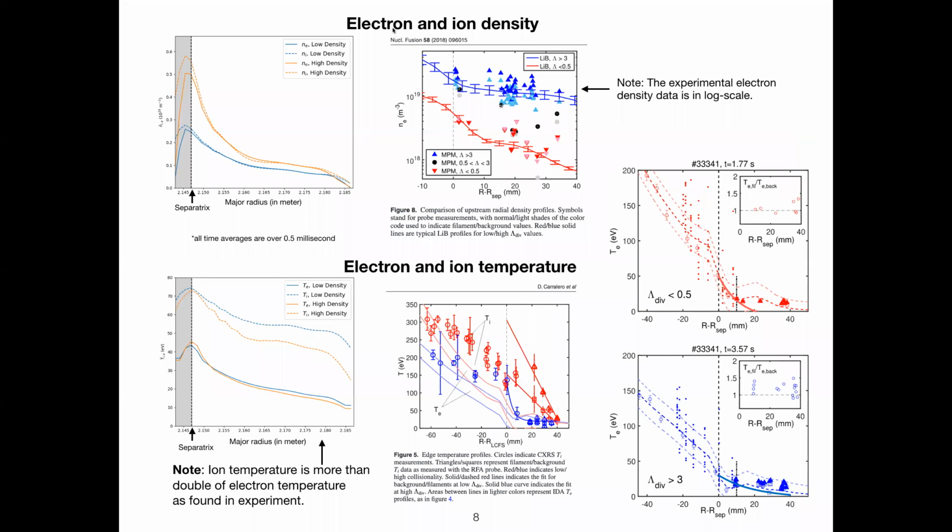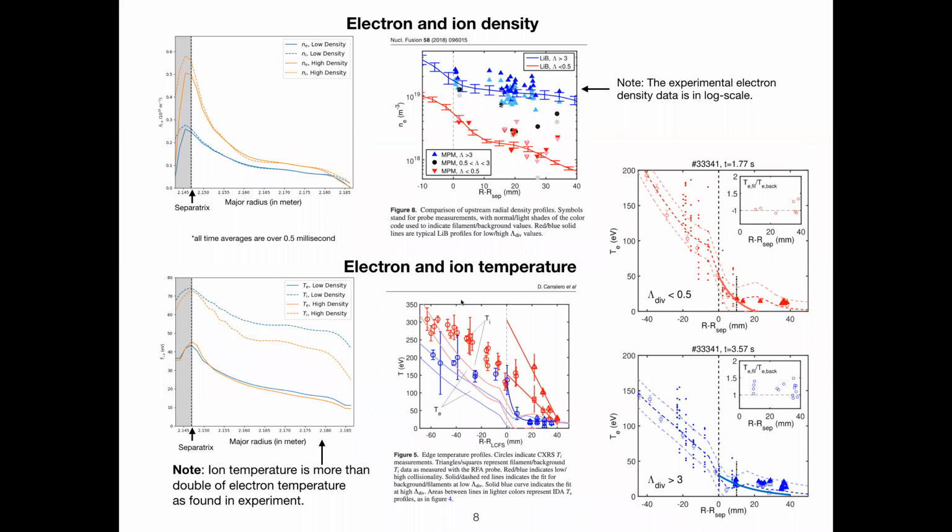If I compare the time averaged, the time average has been taken over 0.5 millisecond. Time averaged electron and ion densities. These are the parameters, and electron and ion temperatures. These are the plots, and you can see the profiles of the densities are sort of close to the experiments, not exactly one-on-one, but the profiles match.